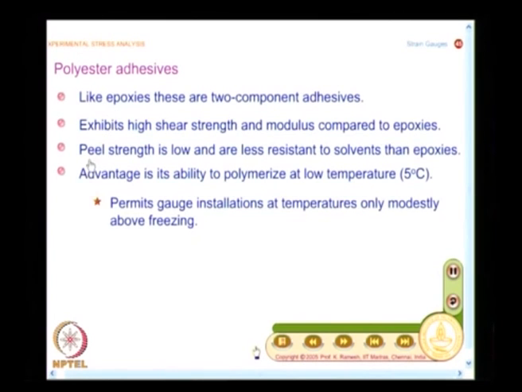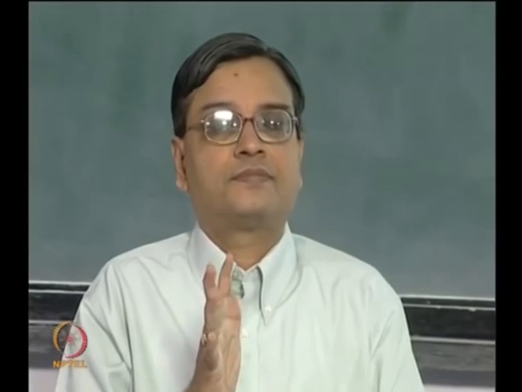And what you find is its peel strength is low and it is less resistant to solvents than epoxies. It exhibits higher shear strength and modulus compared to epoxies, and it is very similar to epoxy adhesive, but it is useful for low temperature application.